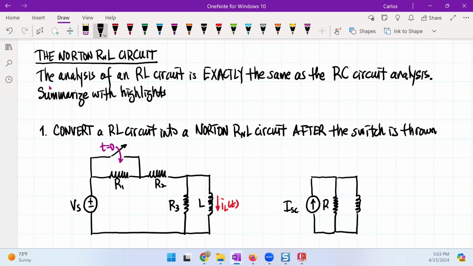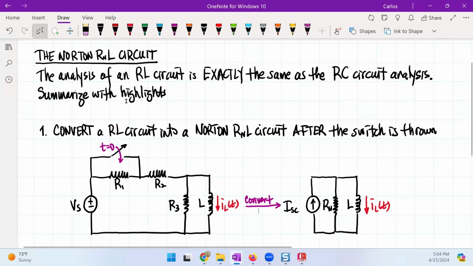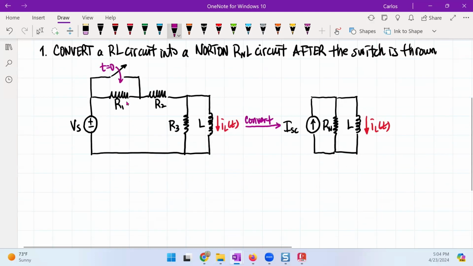Of course, this is Rn, this is L, and because the focus is this load, the current in this circuit is exactly the same as the one. So what we've done here is a conversion, using the standard practices that we did earlier. Once we've converted this, our circuit is only this Norton circuit that we care about.